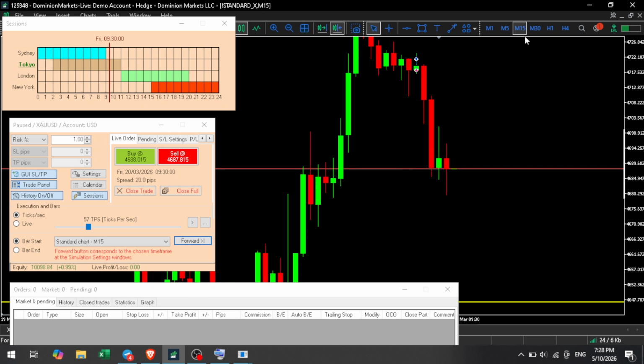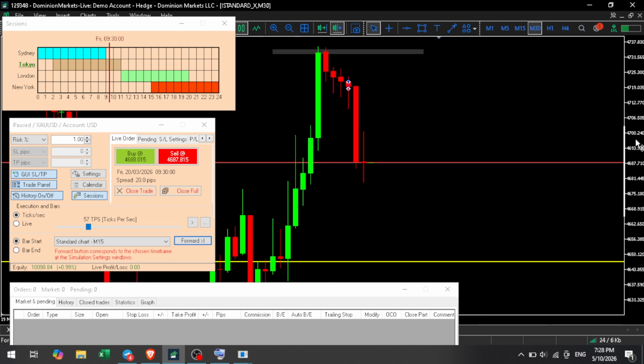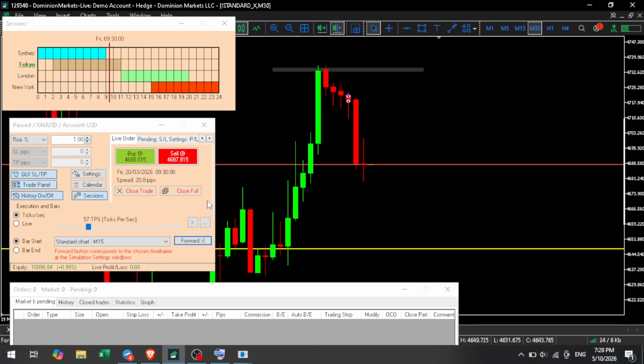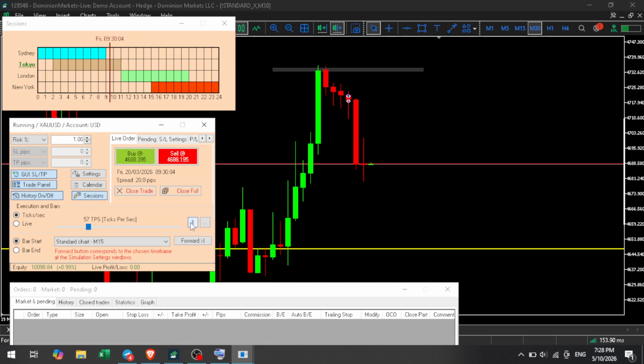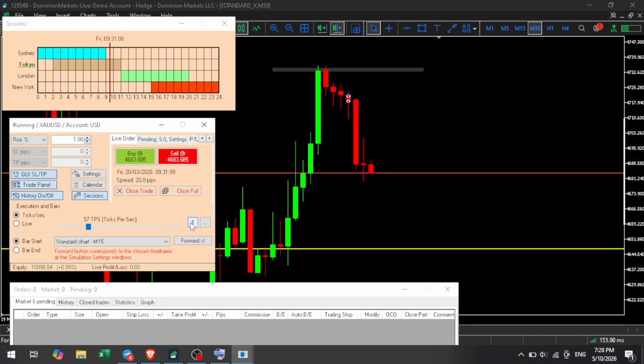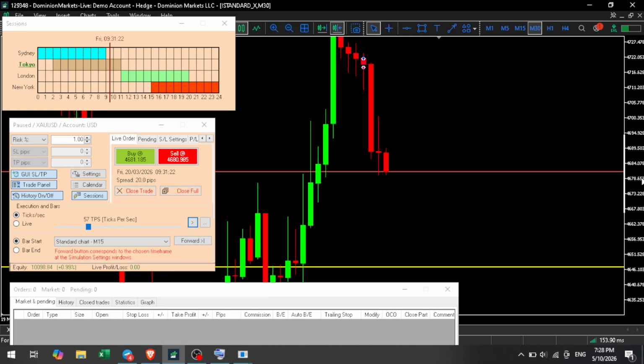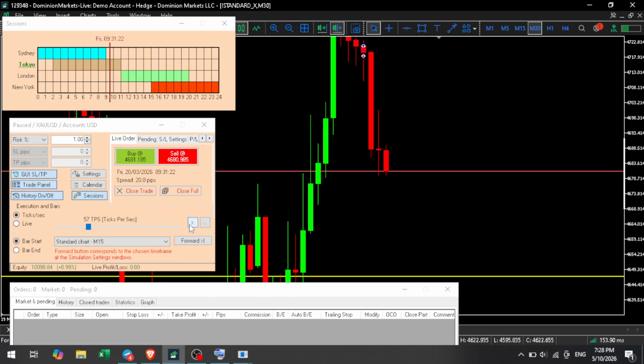Okay, let's see on the 30-minute candle closed like this. We are approaching London Open, so let's see if we have an opportunity here. We will try to risk our week's profits. So do we have a sell here?